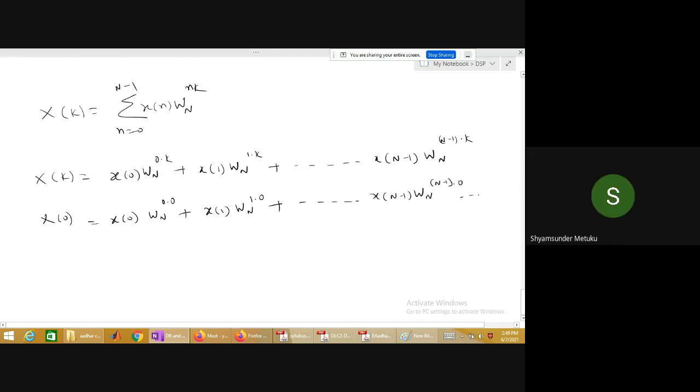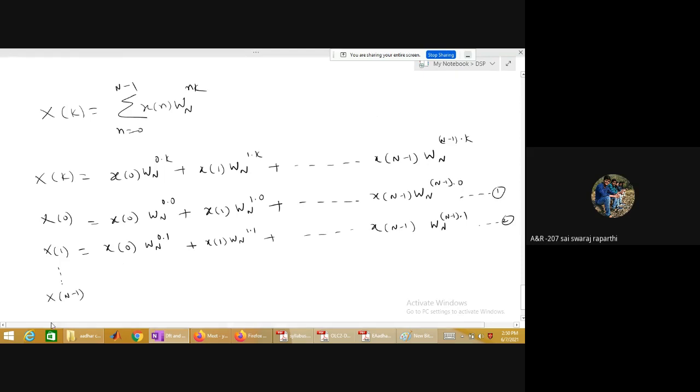Equation 1. Then equation 2, capital X of 1 is equal to x of 0 W N to the power of 0 into 1, plus x of 1 into W N to the power of 1 into 1. Can I write this way? Correct or not? Yeah, sir. How long will we write like this? Up to N minus 1 terms. Capital X.